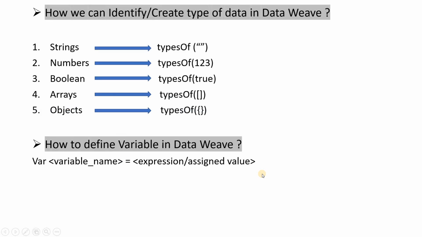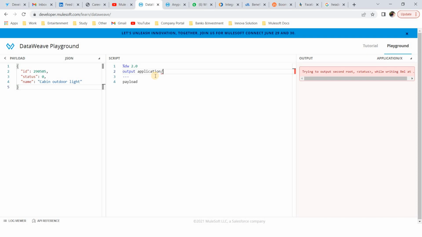DataWeave playground. Now I'm moving to how we can identify or create types of data in DataWeave. The types of data are string, numbers, boolean, arrays, and objects. Let me show you how we can identify that.